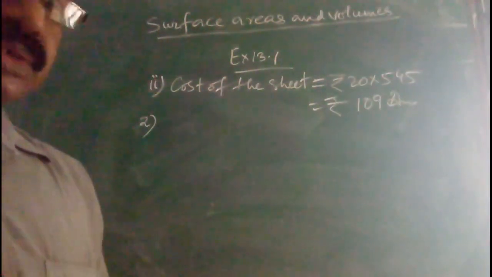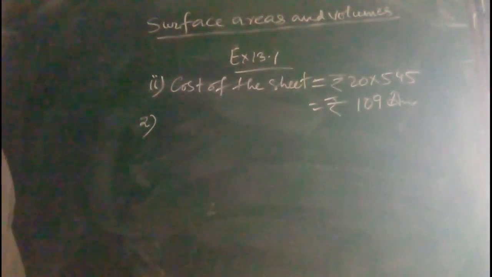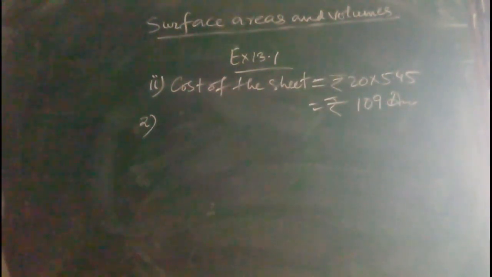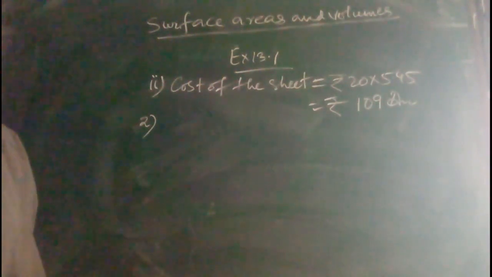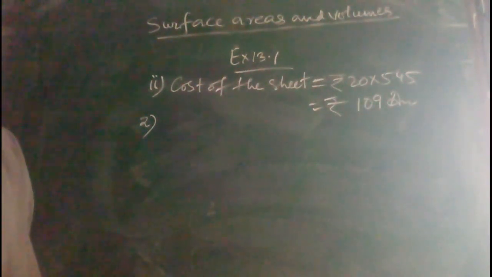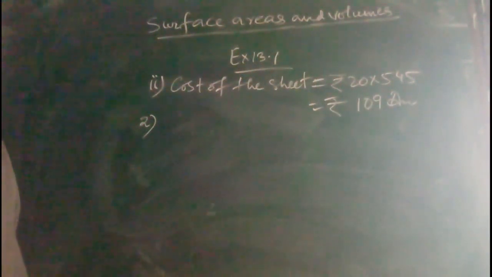In question number 2, the length, breadth and height of the room are 5 meter, 4 meter and 3 meter. Find the cost of whitewashing the walls of the room and the ceiling at the rate of 750 per meter square.